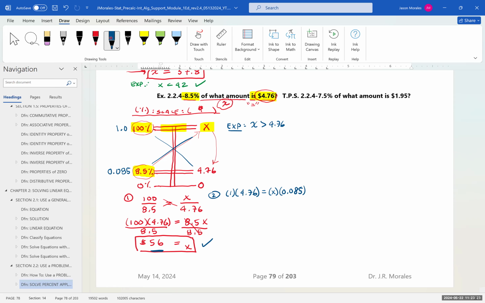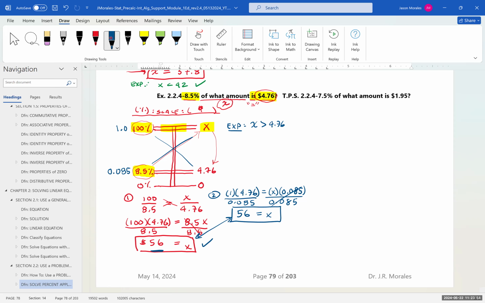And now we can just divide both sides by 0.085. Those will cancel out. And when we do 4.76 divided by 0.085, we should get 56. Same answer as the other method.